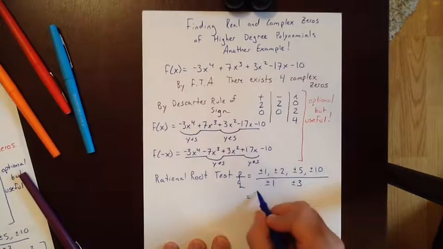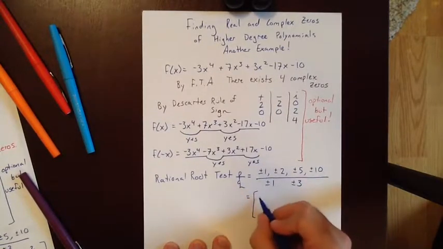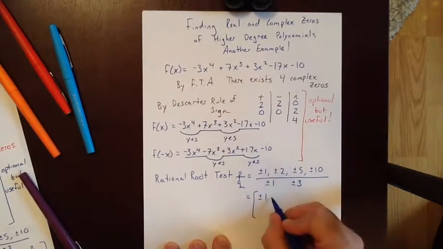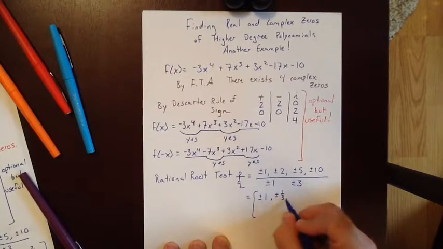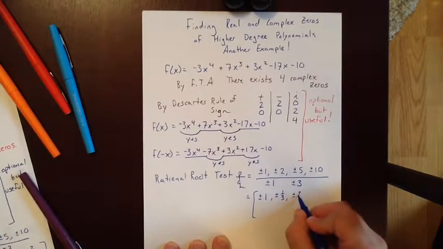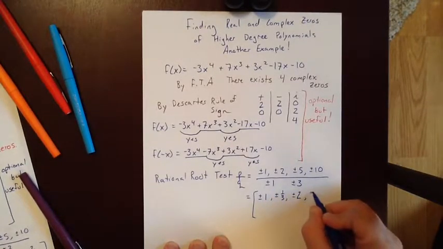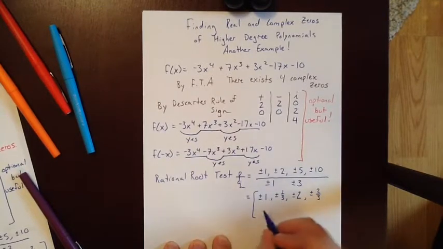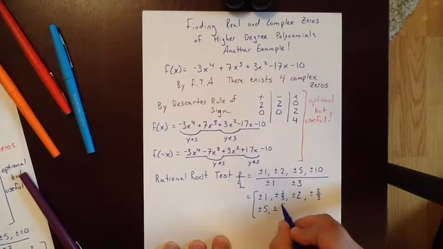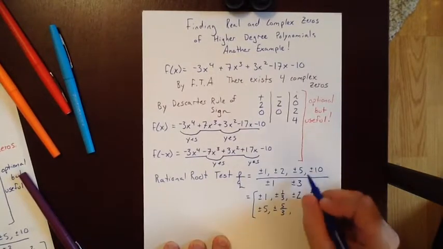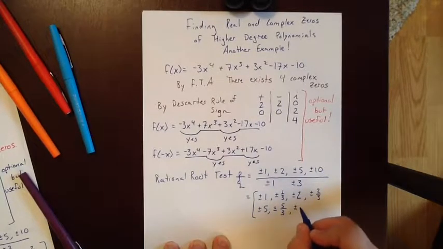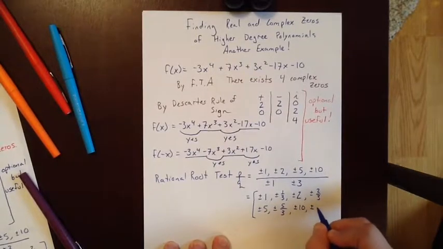So that will give us the possibilities: 1 and 1, so positive negative 1, 1 and 3, 1/3, 2 and 1, 2 and 3, 5 and 1, 5 and 3, 10 and 1, 10 and 3.